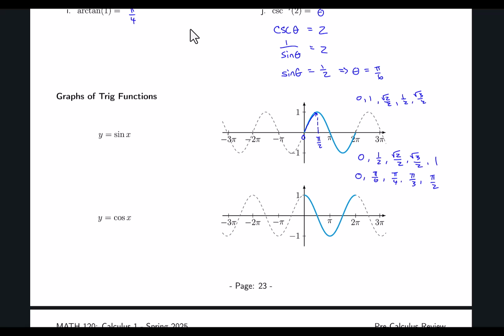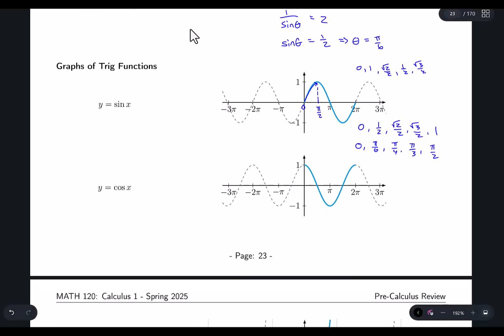So if you understand that, you can get a very quick list of what the values of sine are. And then if you know the values of sine, cosine are just decreasing values. So for the same order of the angle measures, you just reverse the order of the numbers up top. And that's going to give you your cosine values.